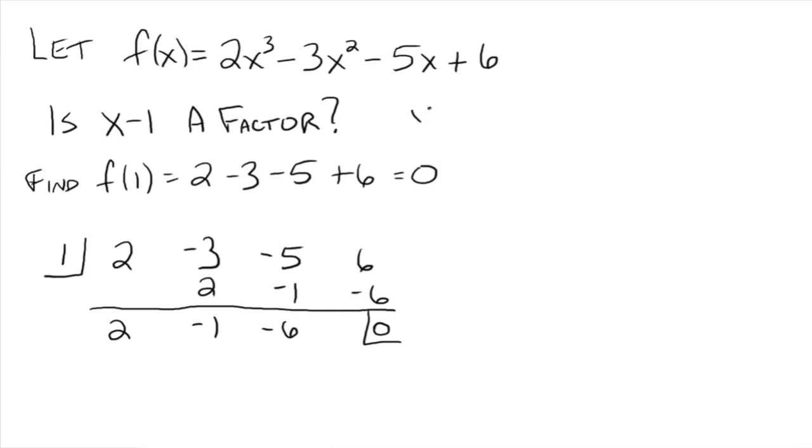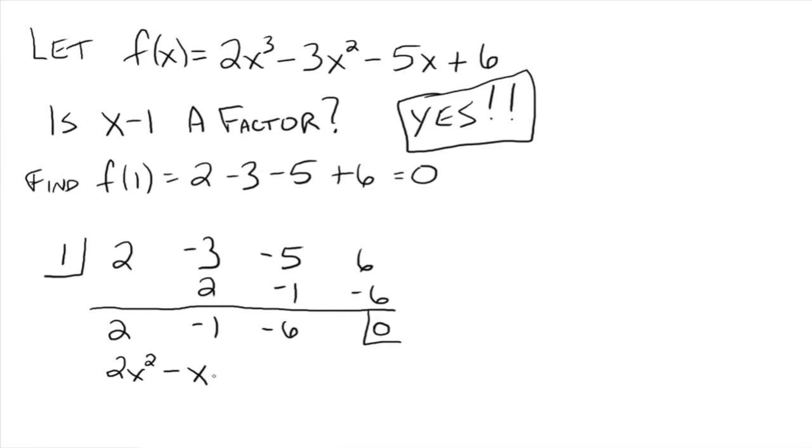So if you'd like to, just say yes, we're excited, yay. It's a factor. And so your quotient down here would be 2x squared. Remember, you started with 2x cubed, so this is squared, 1 degree less, and then you go in descending order. So minus x minus 6.